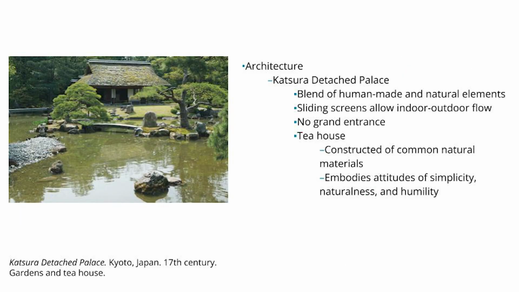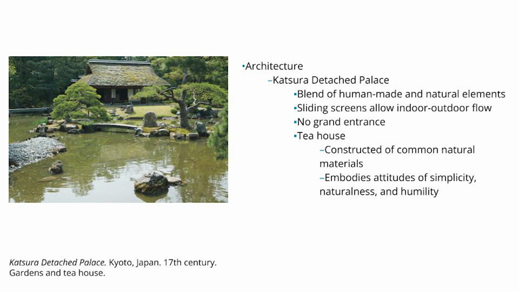Another less flashy example of Japanese architecture, kind of coming a little bit after this time, is, well, actually, like 10 centuries after this time, so a little more than a little bit. But this is the Katsura Detached Palace, which has a blend of human-made and natural elements. It has sliding screens, which ended up becoming very popular in Japan, and allowed indoor-outdoor flow.